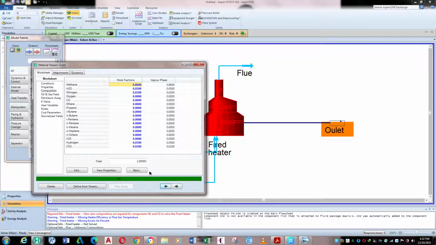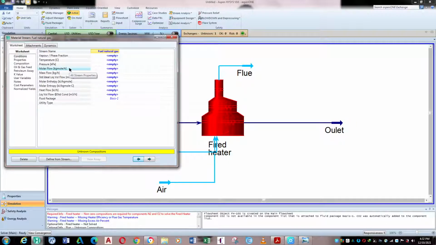Okay, now we move on to specify the conditions of the fuel. Still vapor fraction is 1, gaseous form, and the temperature comes in at around 25 degrees Celsius, room temperature, and then at a pressure of around 1 bar, which is 100 kilopascals. And then we want to find out what flow rate that's gonna be, and then we assume that our natural gas, the fuel natural gas, is 100% methane.